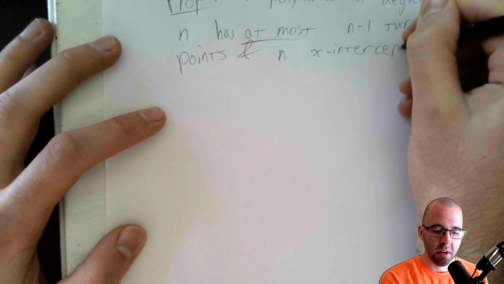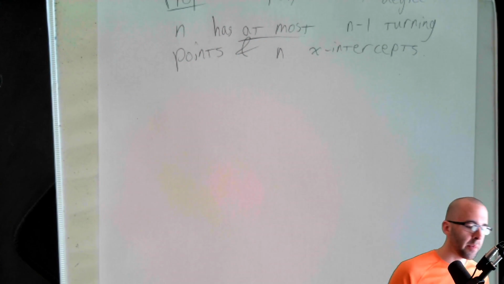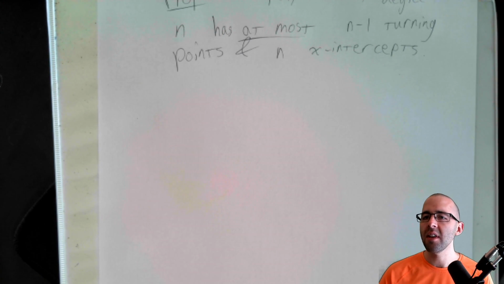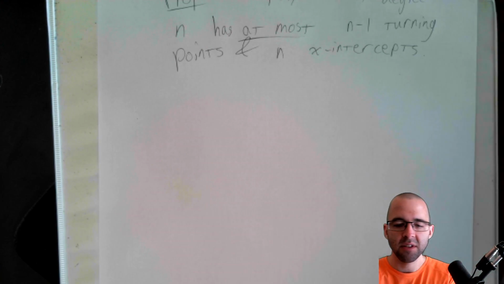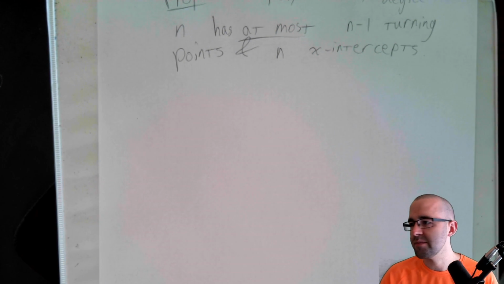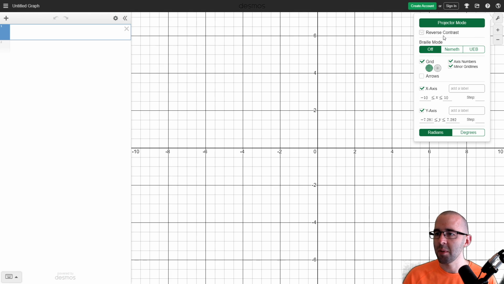So if we just look at a polynomial, then we know a little bit about maybe how many turning points it has. I think a lot of this is not as bad as it looks. This thing looks a little confusing, but if we just look at some examples of some polynomials, shall we?